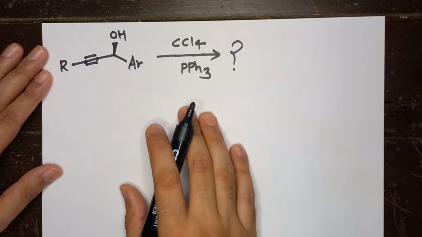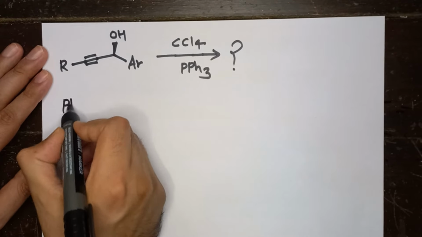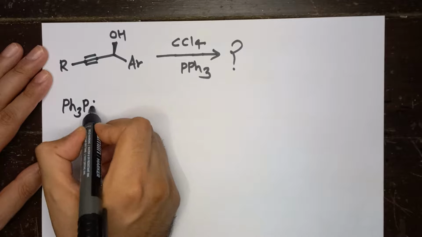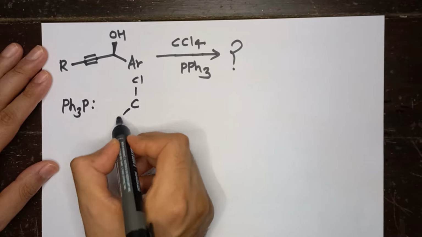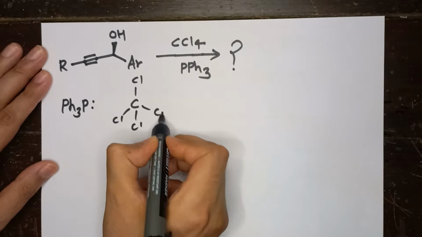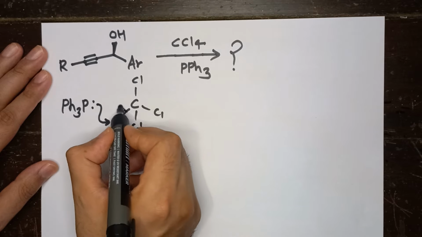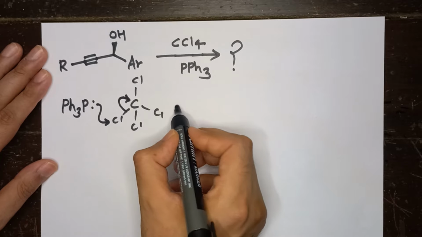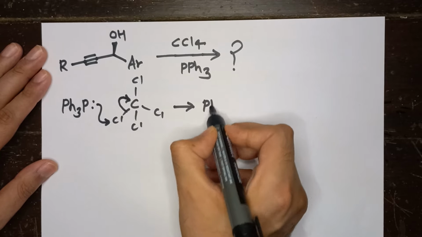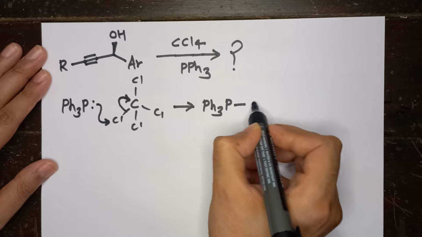So let's begin. So we have a triphenylphosphine. We have CCl4. Well, this is an Appel reaction. So this phosphorus will take this chloride and this bond will fall on carbon and we get this one.